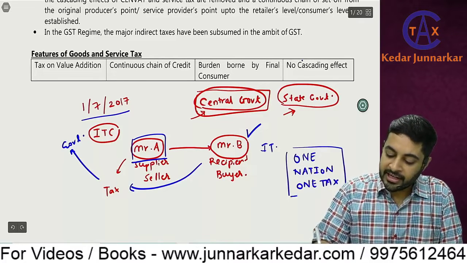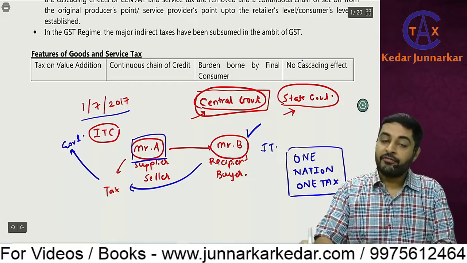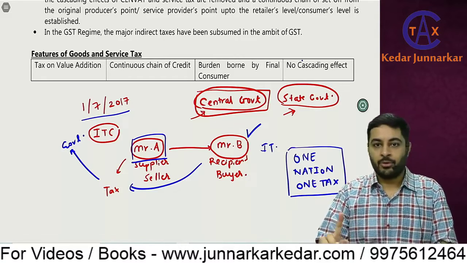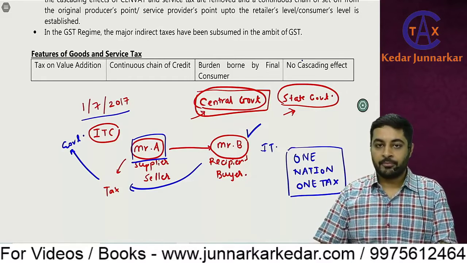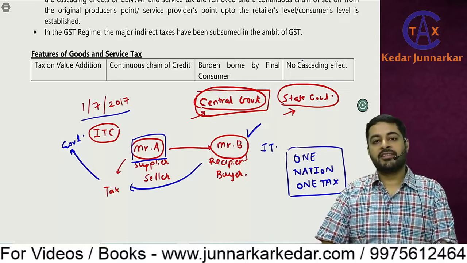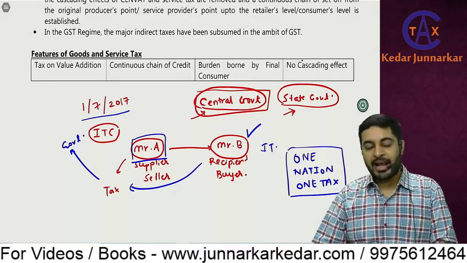Why is it called one nation one tax? Does that mean that there is only one tax rate under GST? No, tax rates can be different. Then how will you justify this one nation one tax? I'll tell you.